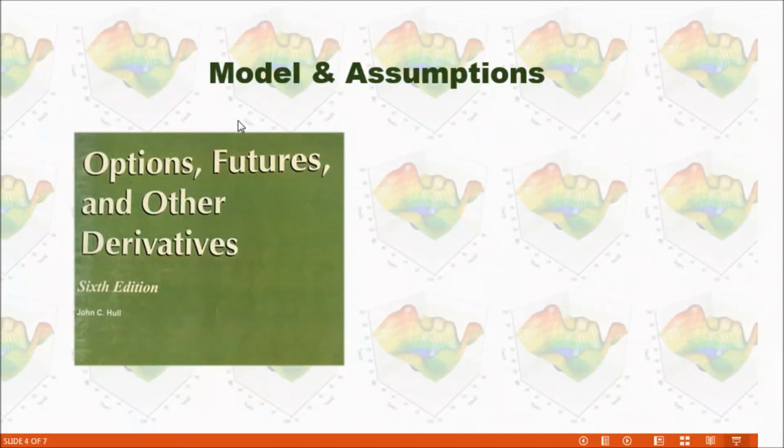This model is based on John Hull's book, Options, Futures, and Other Derivatives. And there are several assumptions. Interest rate remains constant over time. That means we didn't use any model to forecast interest rate movement.